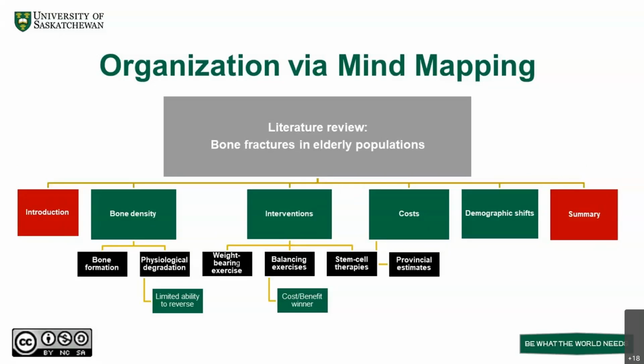But as I'm actually reading and thinking more deeply about this topic, I start to realize there might be a more effective way in which to approach the organization of my review.